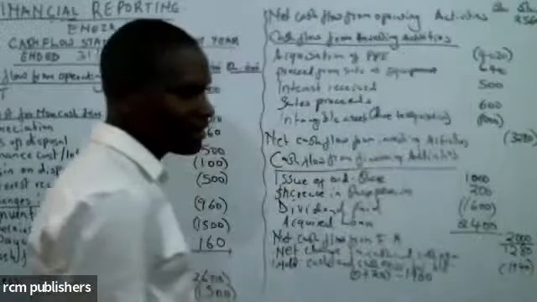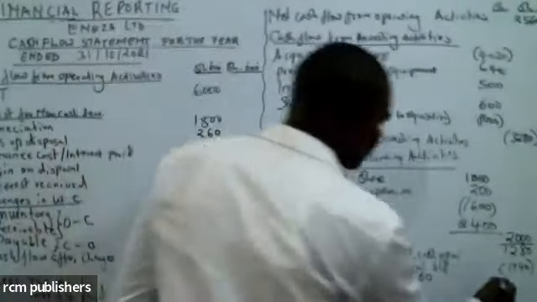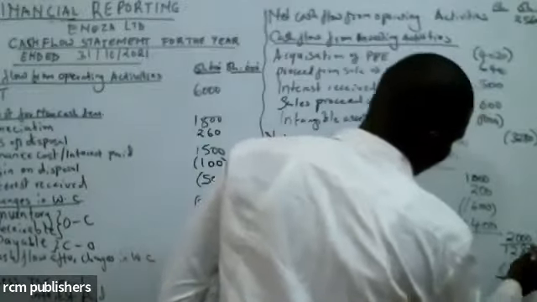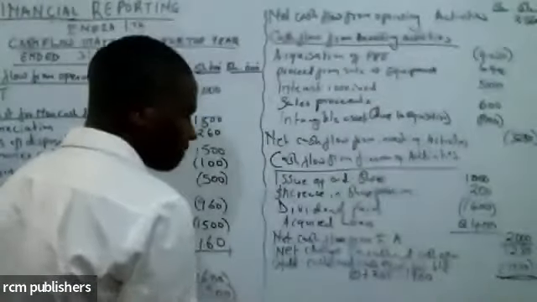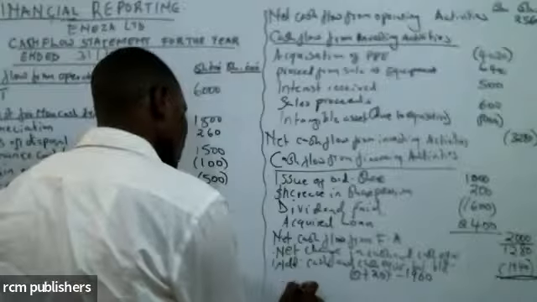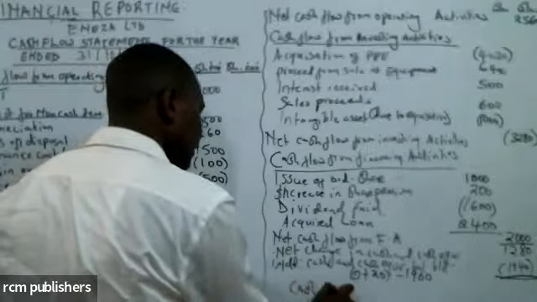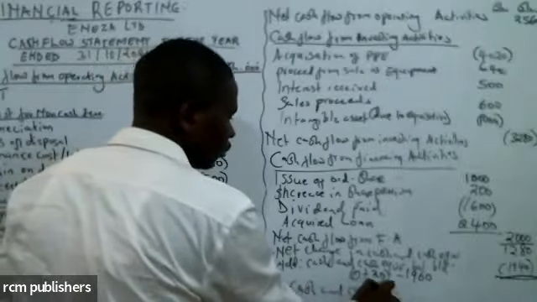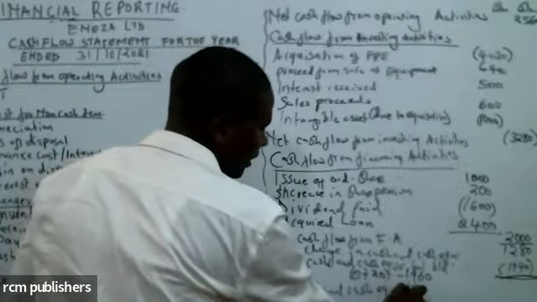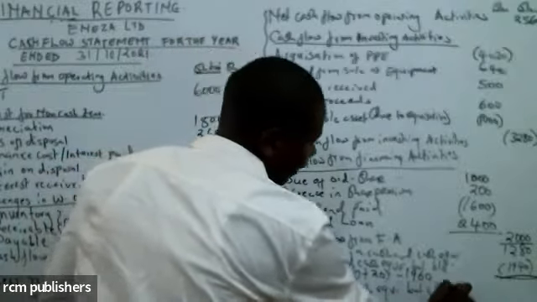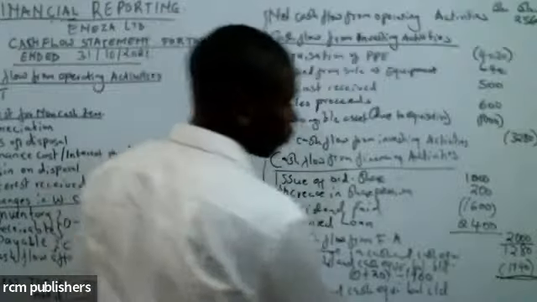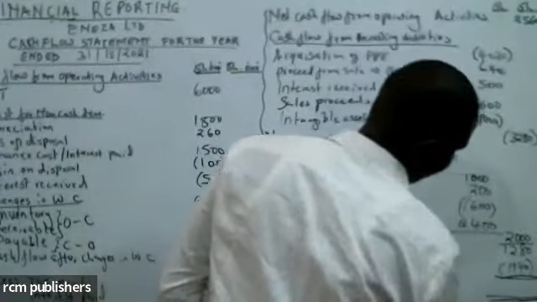Now you know what, class? The result that you get once you take 20 minus 1960 is what we call the cash and cash equivalent balance carried down. That is the cash this company will have at the end of the year.